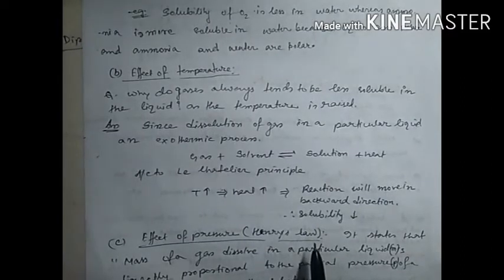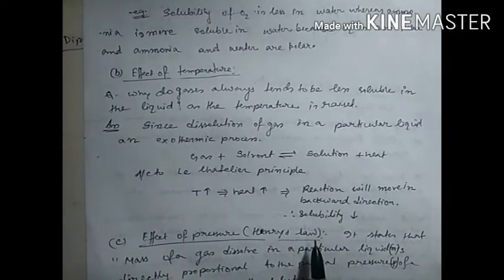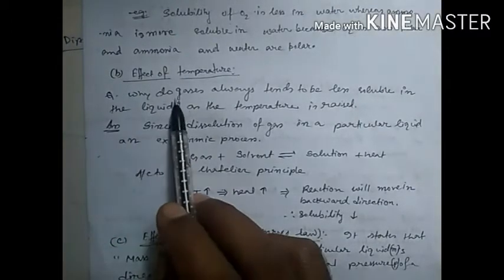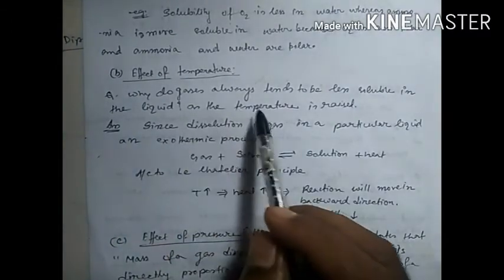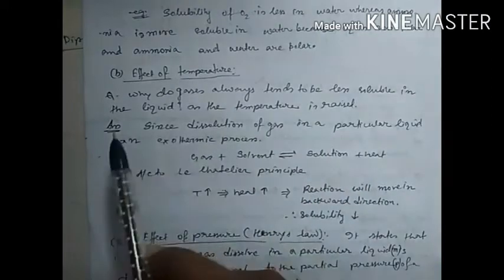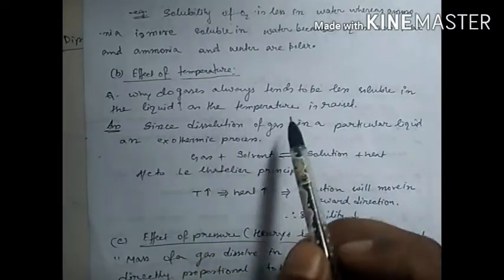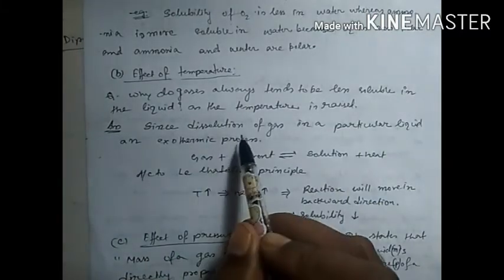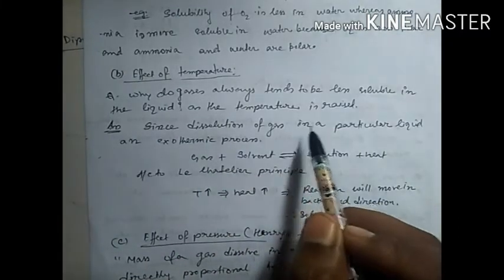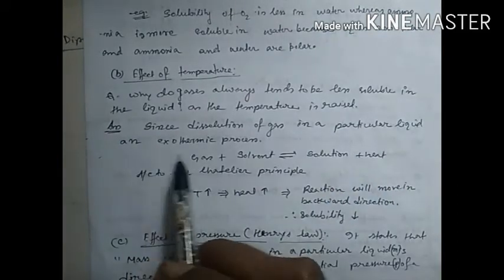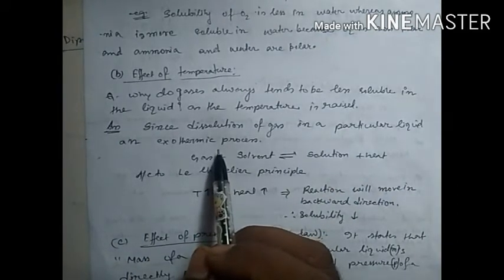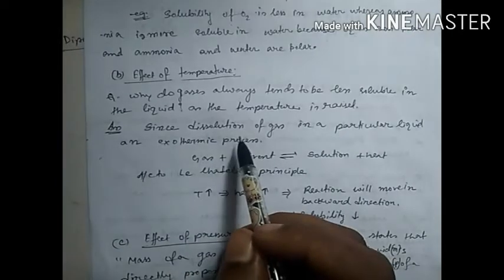How does temperature affect the solubility of a gas in a liquid? Now let's take an example. Why do gases always tend to be less soluble in a liquid as the temperature is raised? See, since the dissolution process of a gas in a particular liquid is exothermic, that means the solution produces heat.